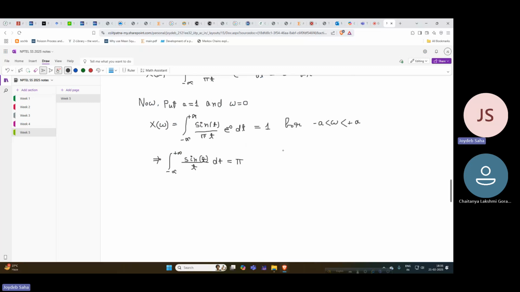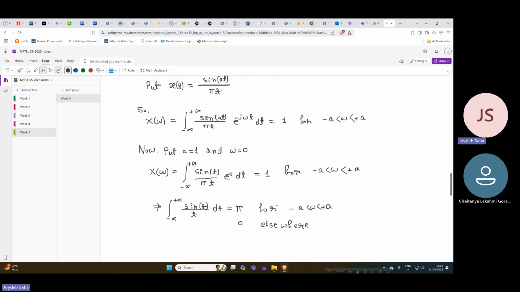Pi will be multiplied on both sides, right? For minus a less than omega less than plus a and 0 elsewhere, or else. Fine. So this is what we got.